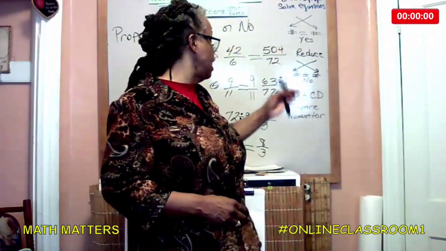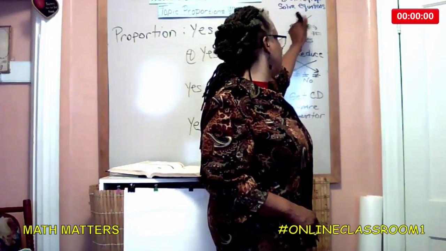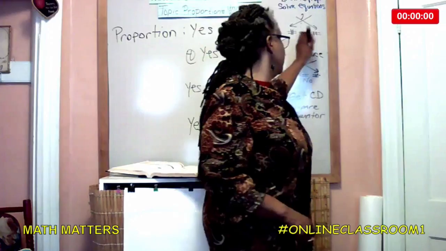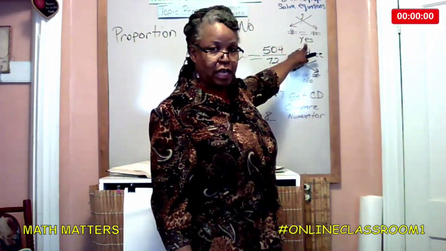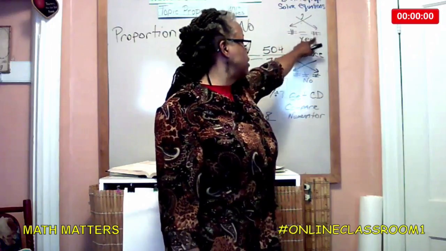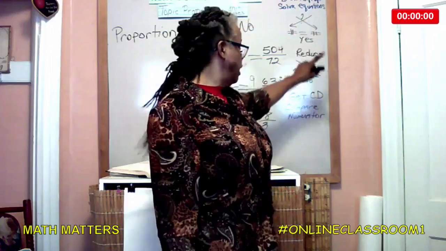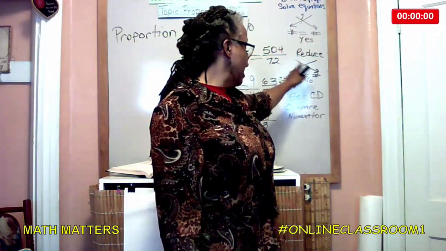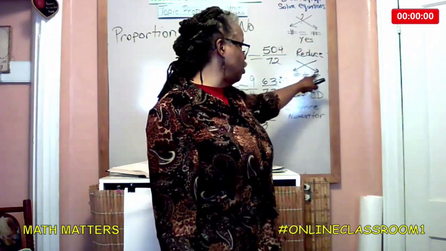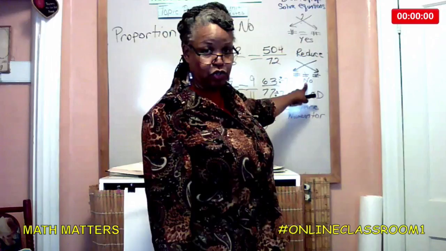Remember there's an equal sign here, or questioning an equal sign, if they're equal. And in this case, if the answer is yes, then these two products are equal. You can also reduce and then cross multiply. And if those two products are not equal, then you don't have a proportion.